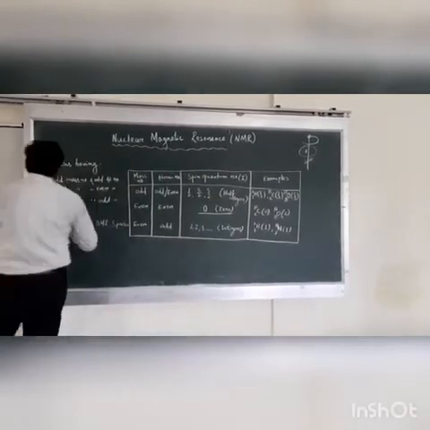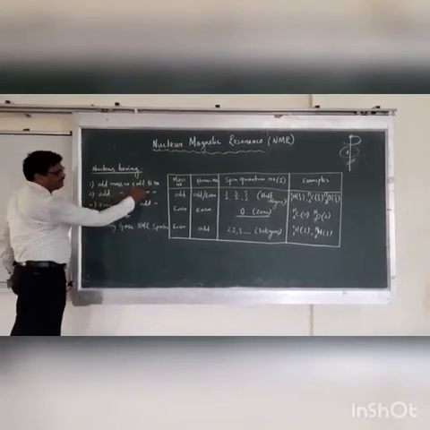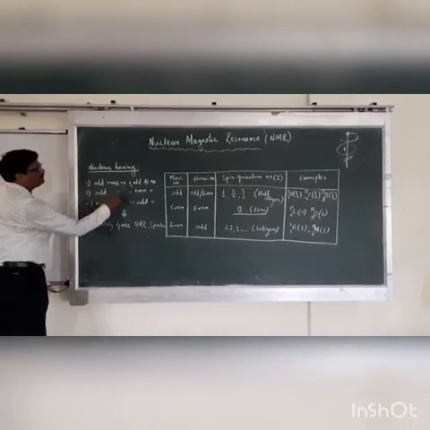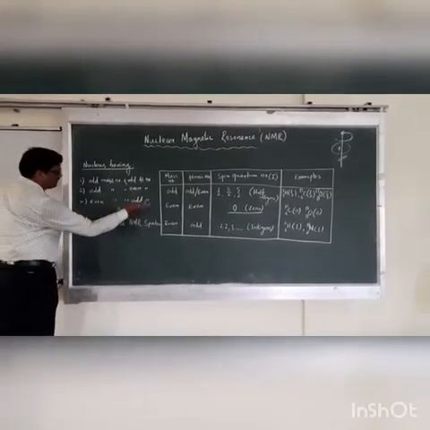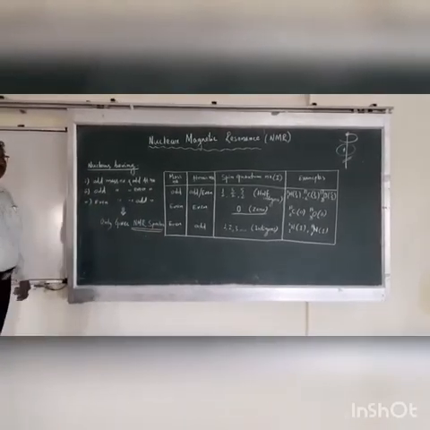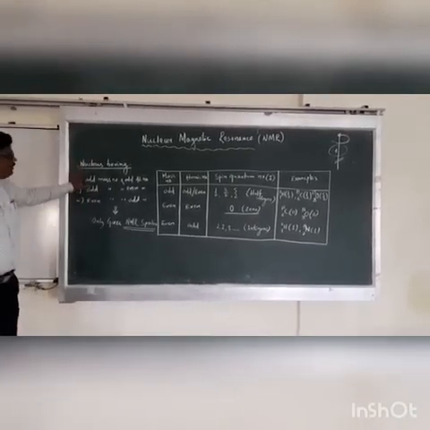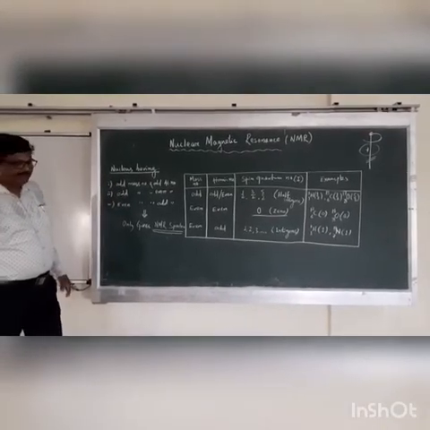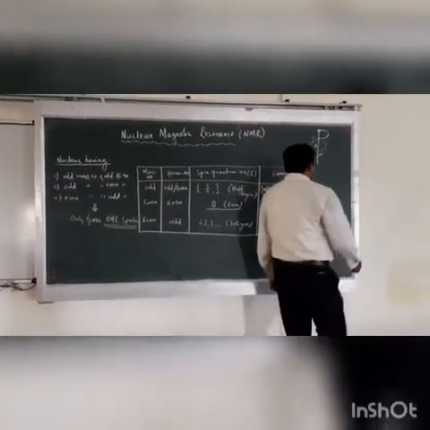So nuclei having odd mass number or odd atomic number are category 1, and category 2 is even mass number with odd atomic number. Only these give NMR spectra. So not all nuclei give NMR spectra, but only this type of nucleus, which has some restricted property, gives the nuclear spectrum. Now how they give the nuclear spectrum, let us discuss.